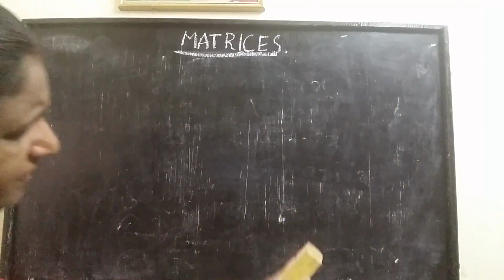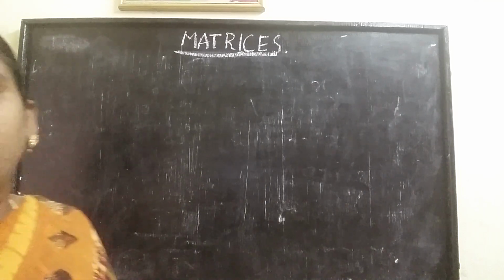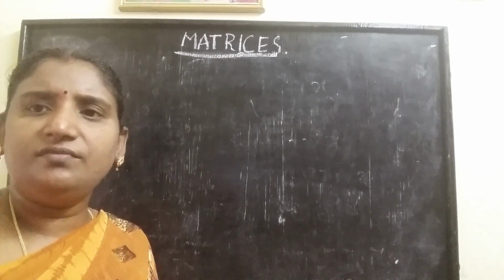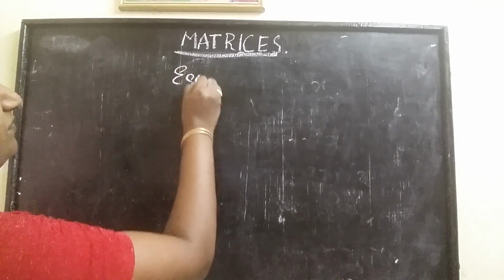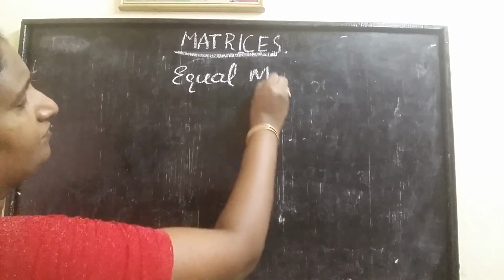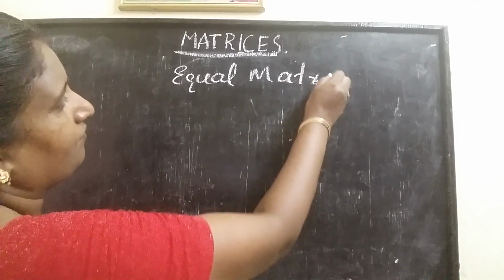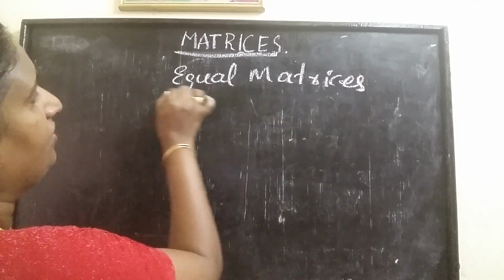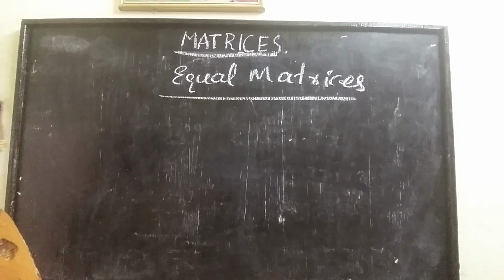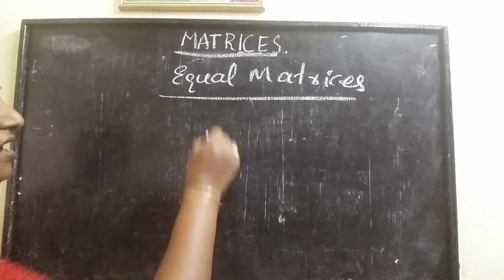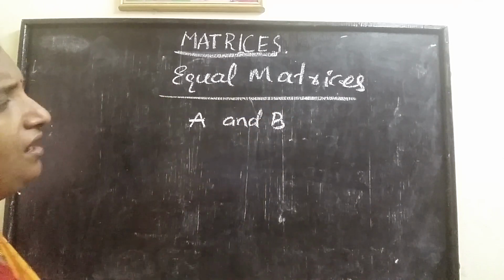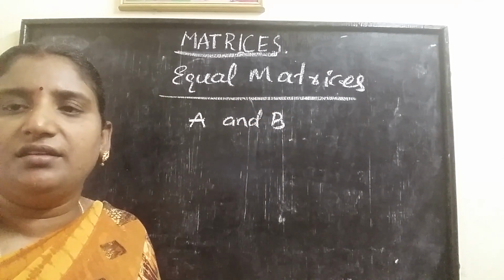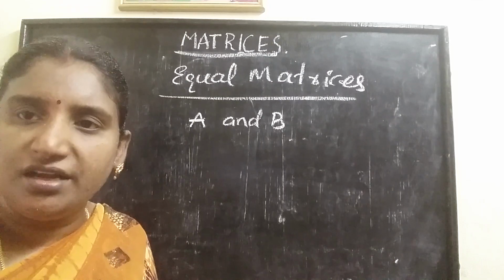And our next topic is equal matrices. Two matrices A and B are said to be equal if they satisfy the following two conditions.